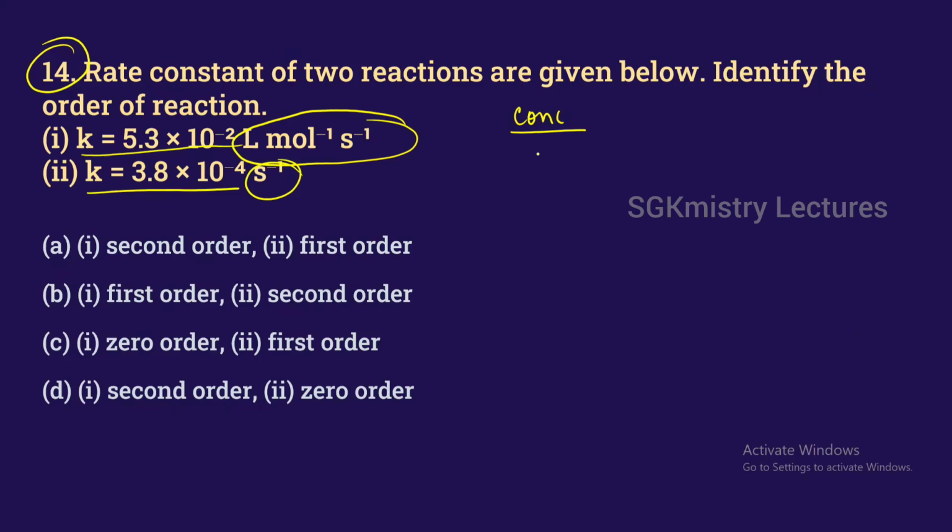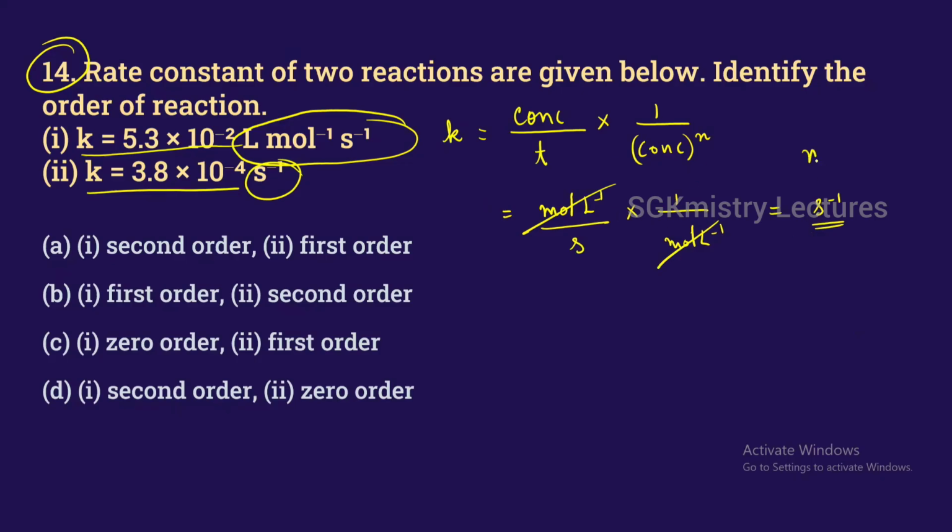Concentration by time into 1 by concentration to the power of n, where n is the order of the reaction. That will give you the units for the rate constant. Concentration is mole per liter, by time in seconds. Now 1 by concentration is again mole per liter. Mole per liter cancels, so we get second inverse. Here I've taken n is equal to 1. So for a first order reaction, it is second inverse.